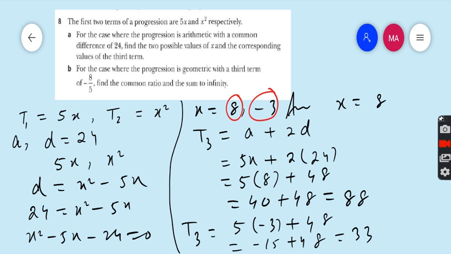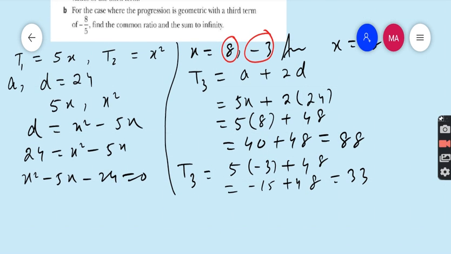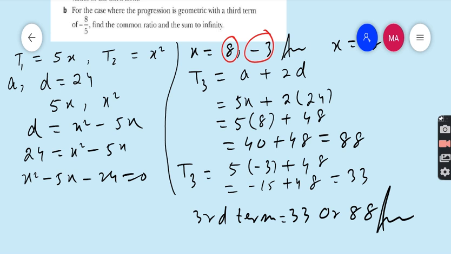So the final answer is the third term is 33 or 88. This is the answer of part A.